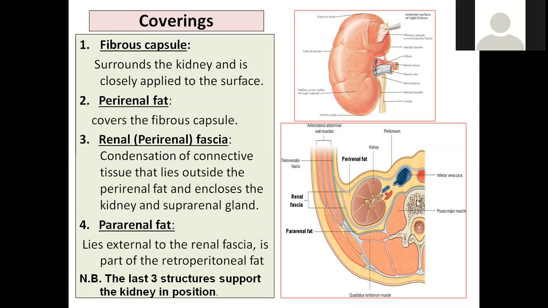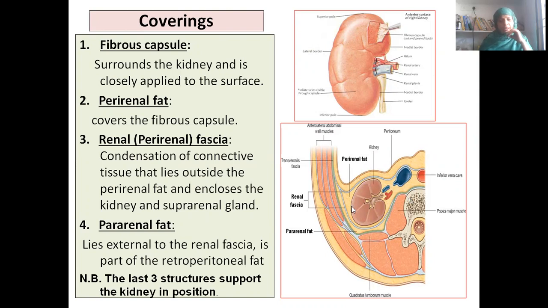I gave you the orientation of the picture before starting. This is the vertebra, lumbar vertebra. Even if you don't say lumbar, at least it is vertebra. So it is continuous with the psoas fascia and the lumbar vertebra. So all these are supports.